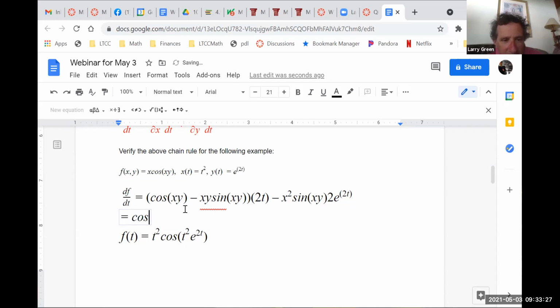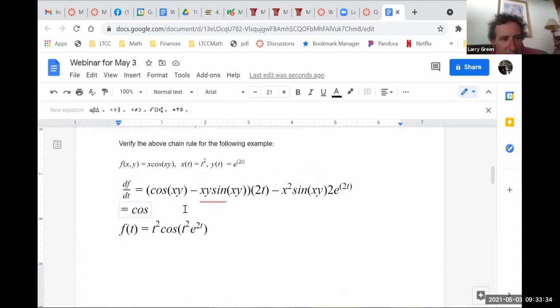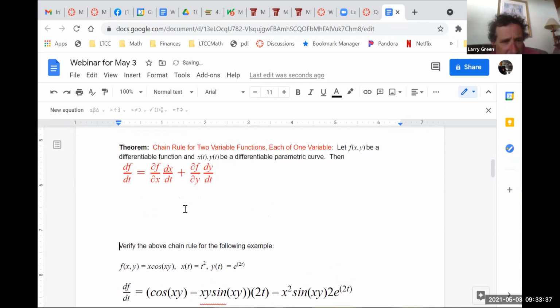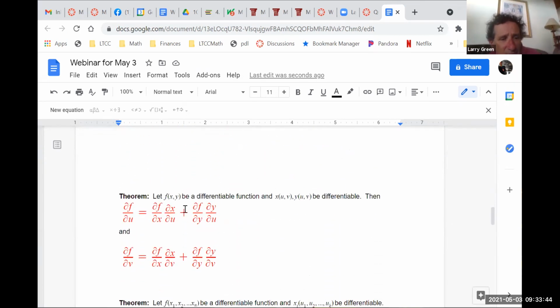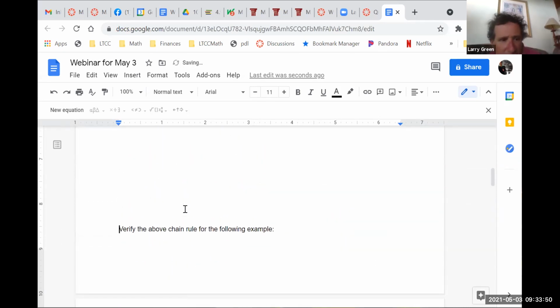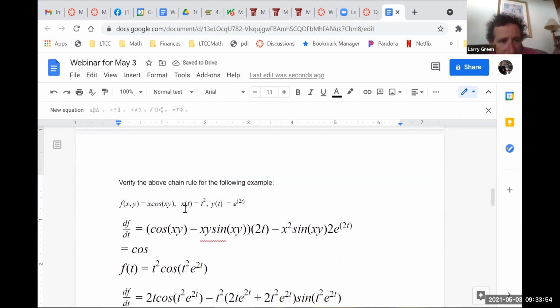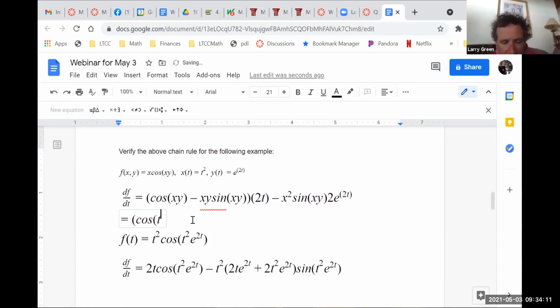So we get the cosine of xy. And x again is t squared, and y is e to the 2t.